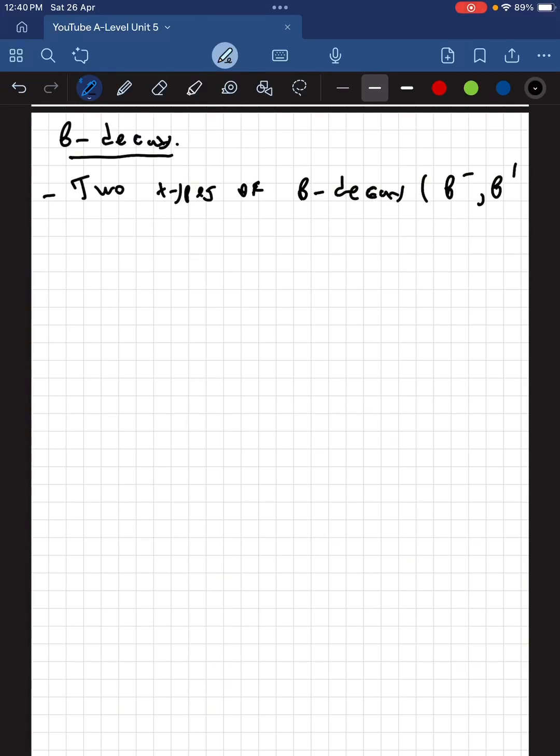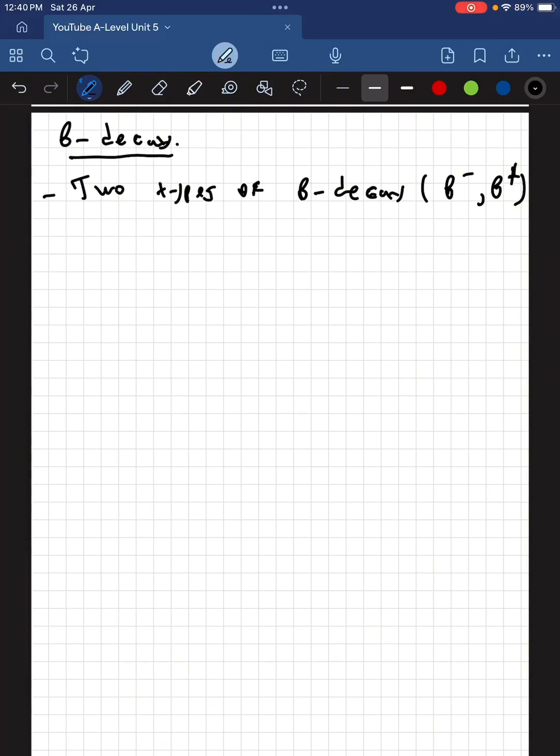Okay. The next type of radiation is beta radiation. Okay, so beta decay is what we will discuss now. We already discussed that in the introduction of the video, like in the first few minutes, because we gave it as an example. But let's write a few more things. So there are two types of beta decay. We can have the beta minus and beta plus.